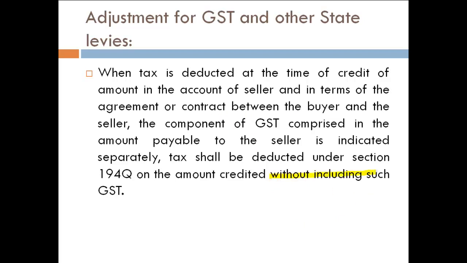Point to be noted, without including such GST, you have to deduct the TDS. So the amount on which you are deducting TDS shall not include the GST components. You must be very clear with this.